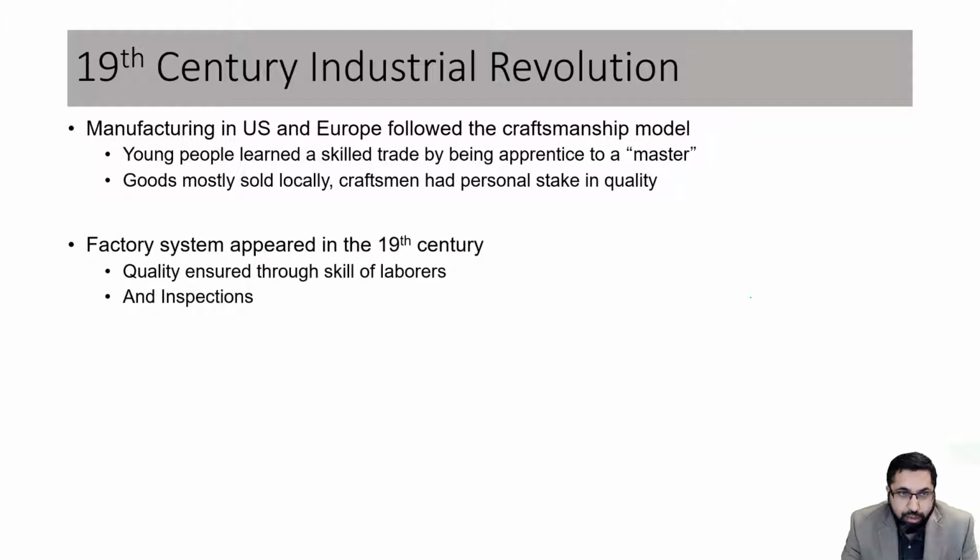So that was the apprenticeship, serving under a master until you produce your masterpiece, which allowed you to become a master. That craftsmanship model was replaced by factories after the Industrial Revolution.